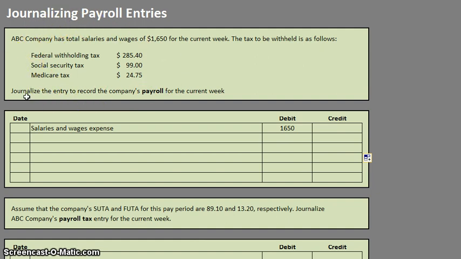So think, how do we increase a liability account? By crediting it. So we are going to credit each of these three tax amounts. Now keep in mind that in order to make this a liability, we can't just write federal withholding tax. We have to make it a payable. So federal withholding tax payable, Social Security tax payable, and so on and so forth.